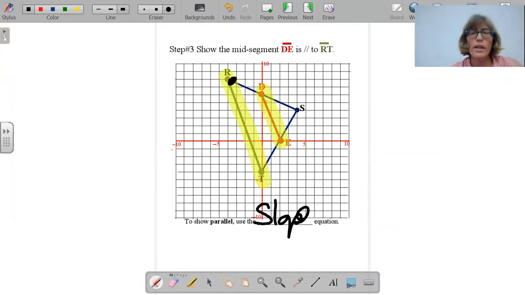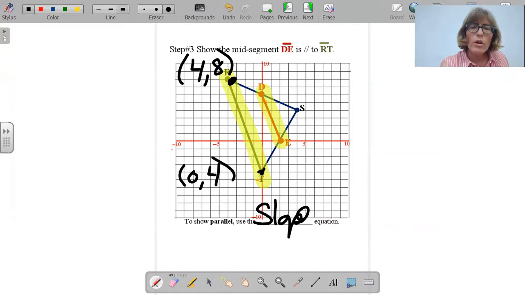So R is sitting at 4, 8, and T is sitting at 0, -4.